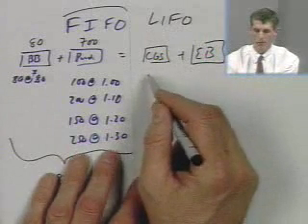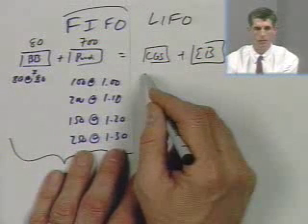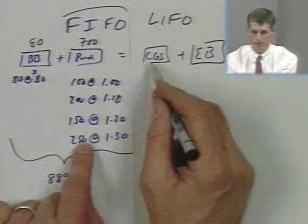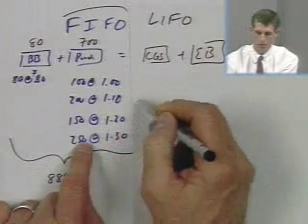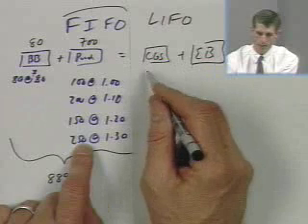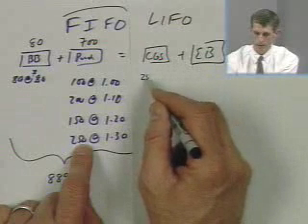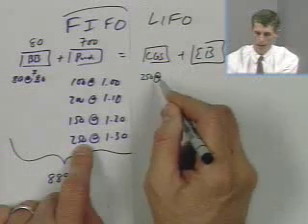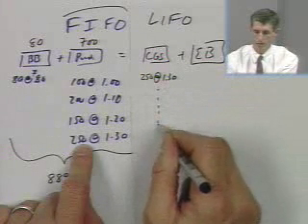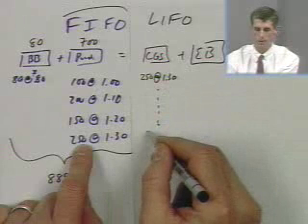The first layer in cost of goods sold is going to be what? The last layer in, right? The last layer in is the first one out, the first one to go to cost of goods sold. So if this is LIFO, the first layer in cost of goods sold is going to be 250 at $1.30. And then we're going to go down. What's the last layer going to be in cost of goods sold?